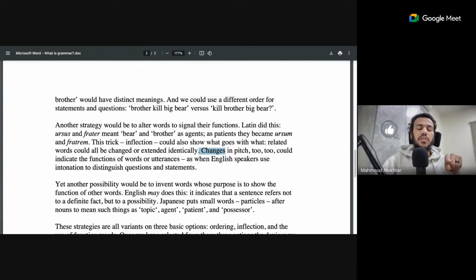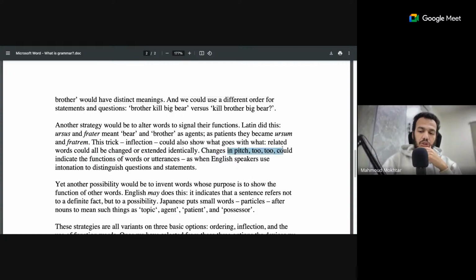So Muhammad is the subject, Ali is the object. And then if we keep the same order but change the last vowel on the words, we change the meaning. So say ضرب محمدا علي. So now Muhammad is the object and Ali is the subject. So Ali is the doer.